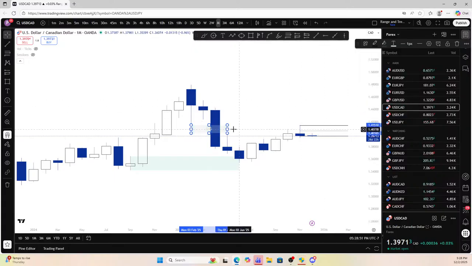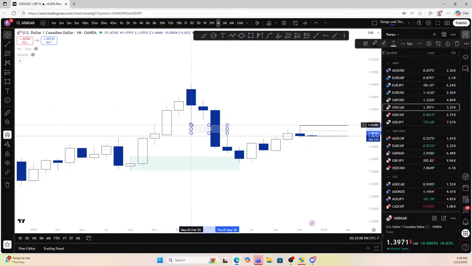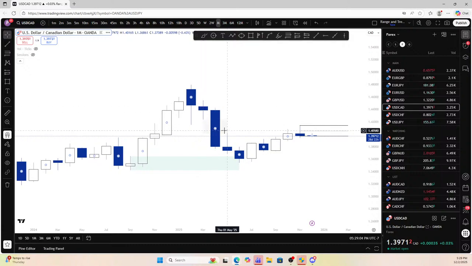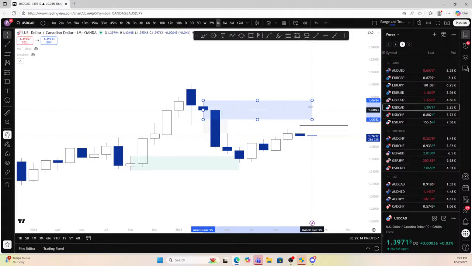Fair value gap. Boom. Yeah, that's a fair value gap too, but we're looking at this one specifically, sorry. This fair value gap, which means that this is created supply. I hope that makes sense.